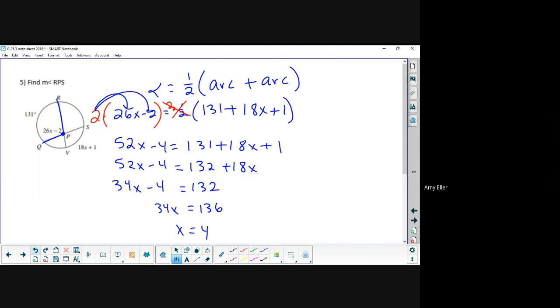Questions so far? If you put 4 for an answer, you get some credit for that. We know it's not our final answer. Is 4 this angle right here? 4 is x. Let's plug 4 in to that angle. 26 times 4 minus 2.